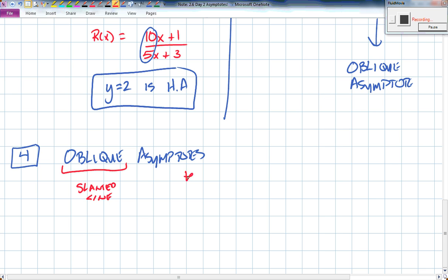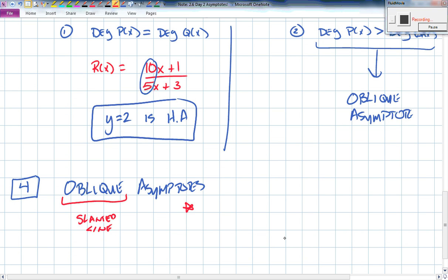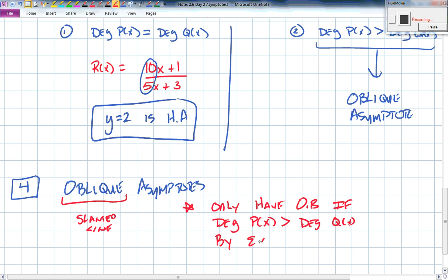So now here's the disclaimer. You can only have oblique asymptotes if the degree of P of x is greater than the degree of Q of x by exactly 1.